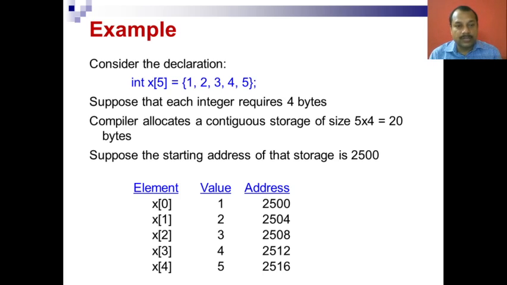Now if I assume, without any loss of generality, that the starting or base address of the storage is 2500, then x[0] through x[4] will be stored at the addresses 2500, plus 4 is 2504, plus 4 is 2508, plus 4 is 2512, plus 4 is 2516. And since the values are initialized as 1 2 3 4 5, they will be stored in these locations.